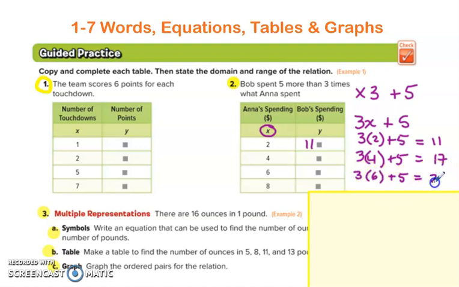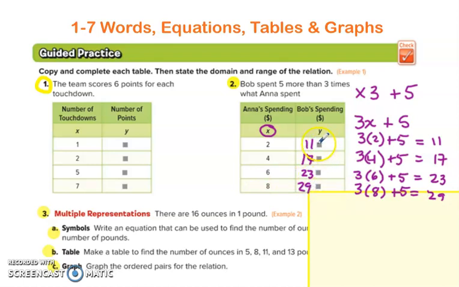That's going to be 23. And 8 is next, so we've got 3 times 8 plus 5. So it's going to be 24 plus 5, which equals 29. So there it is. So that's how you do your homework.